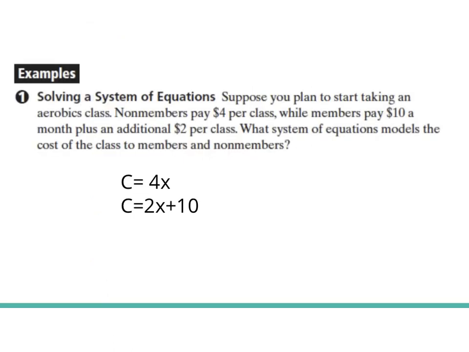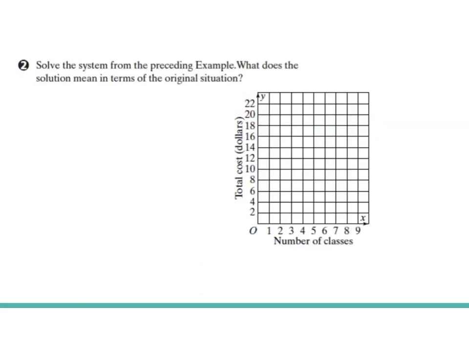So here's our two equations. And if we recall, we have y equals 4x. So that is going to be a line. Remember, our slope is 4 and our y-intercept is 0. And then our second line is 10 plus 2x. Okay, so those are our two equations.